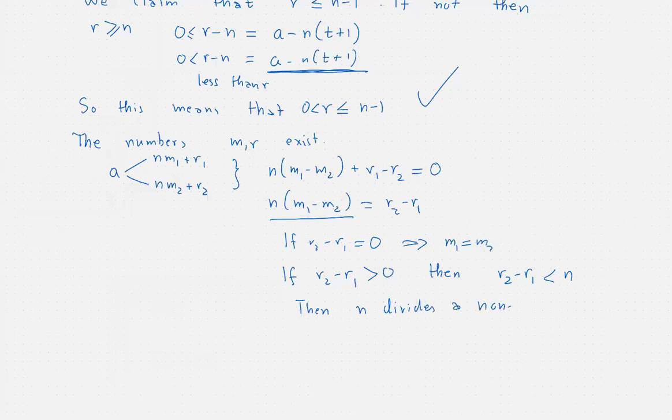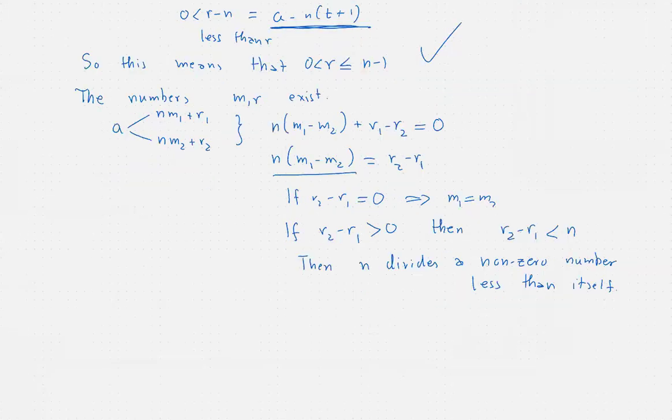Okay, that's impossible because all divisors of a non-zero number have to be less than or equal to the number. So that shows you that there's no way in the world that R2 minus R1 can be greater than 0. So this fails, and this establishes uniqueness.